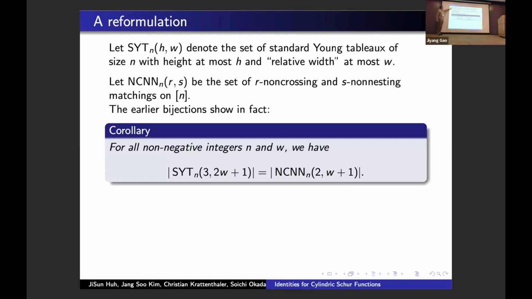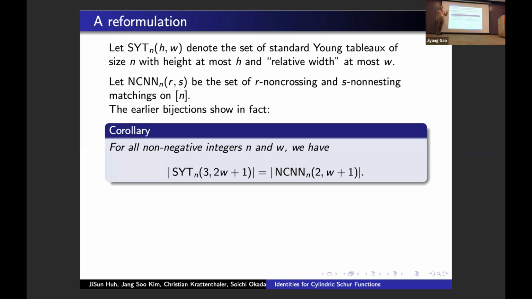So let me denote, more generally, the standard Young tableaux of size n with at most h rows and this funny cylindric condition W by the symbol SYT sub n h,W, and let me denote by NCNN sub n r,s the set of r-non-crossing and s-non-nesting matchings on 1, 2, up to n.